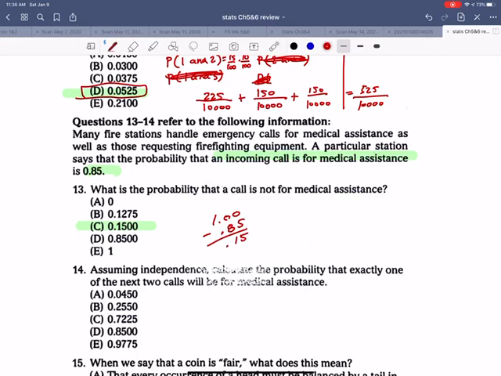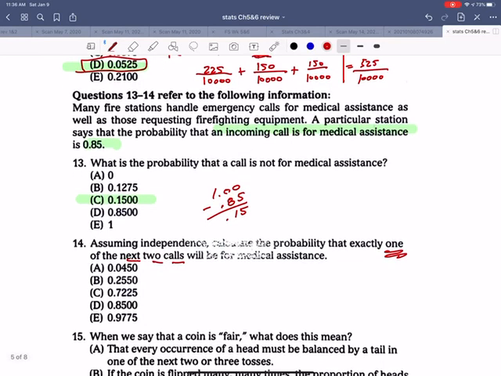Assuming independence, the probability that exactly one of the next 2 calls will be for medical assistance. Okay. Exactly one of the next 2 calls. So that would be medical on the first and not medical on the second, or not medical on the first and medical on the second, right? That's exactly one of the next 2 calls.